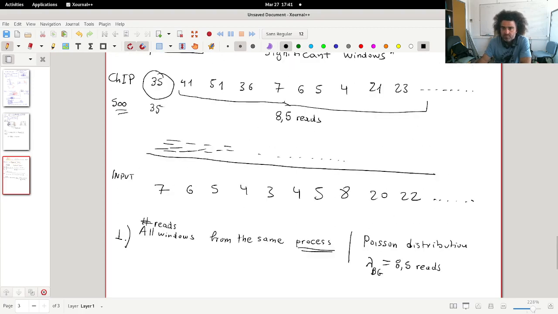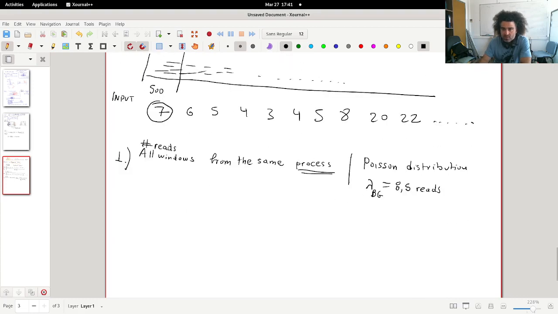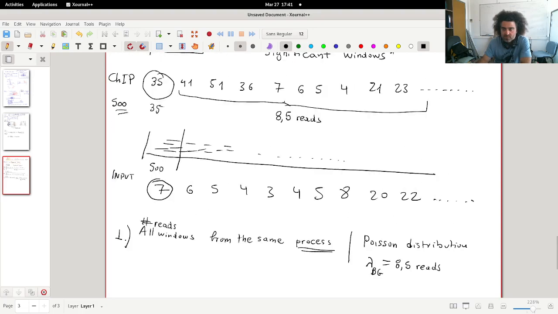Now, if we compare this window with the respective window on the input, again these are 500 base pairs, so our second guess would be that there is a random process, a Poisson process, but on average this one produces 7 reads, because 7 reads is what we see on the same region in the background.